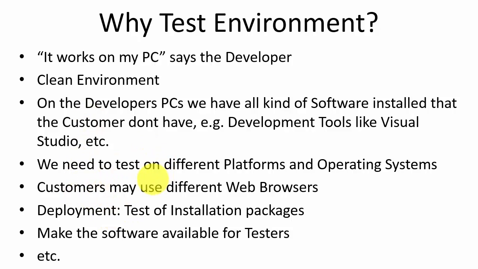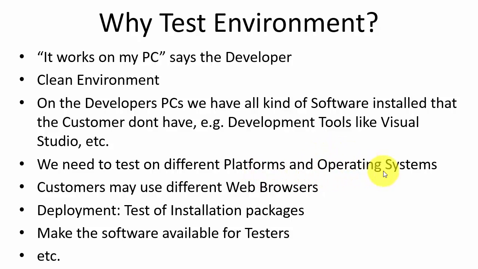Also, we need to test the software on different platforms and operating systems. So we need to have different kinds of test environments. Typically, if the system or software should be used on Windows, Mac or Linux, we need to test the software on these different platforms.